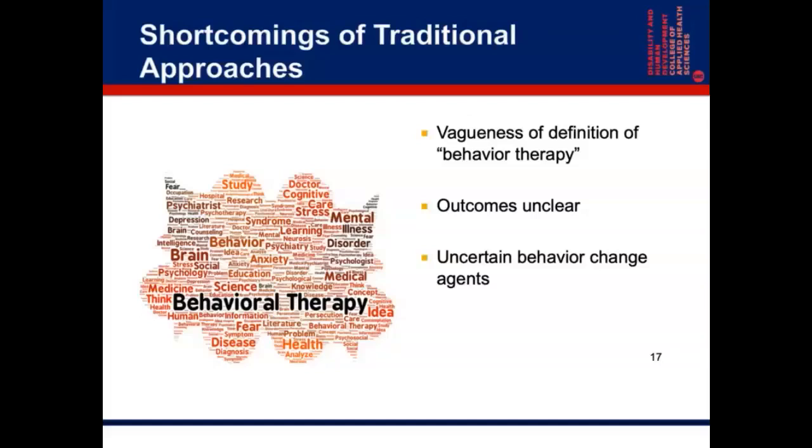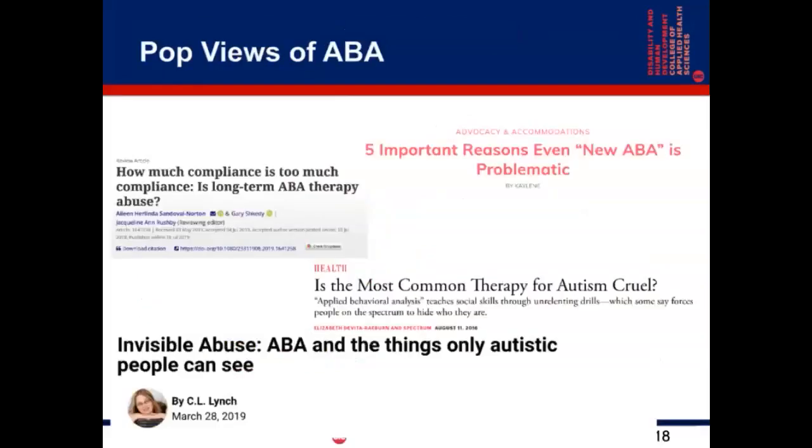Next slide. Now, in the recent years, I'd say in the last 4 or 5 years or so, we've seen an increasing number of critics that have spoken up against ABA as being difficult, cruel, not the right thing to do in terms of intervention.